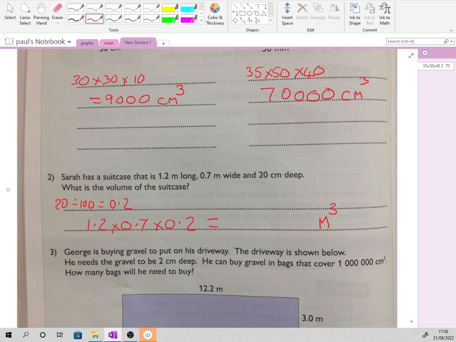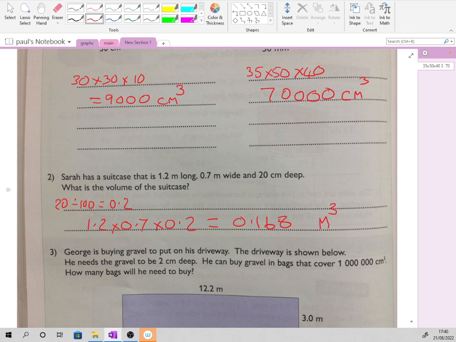1.2 times 0.7 times 0.2 is going to be 0.168 meters cubed.